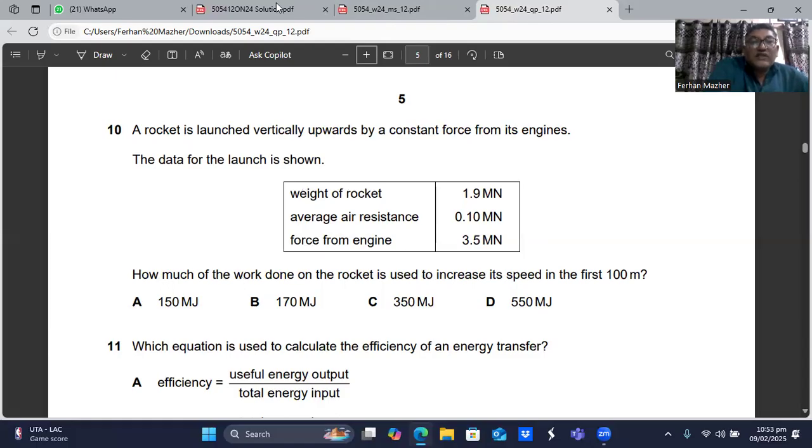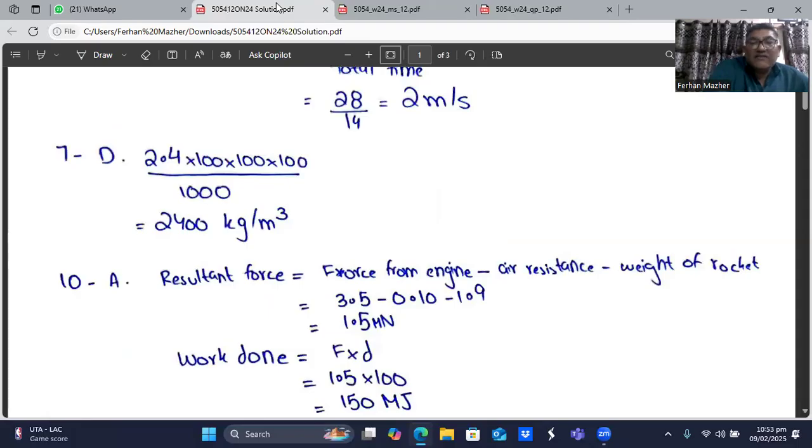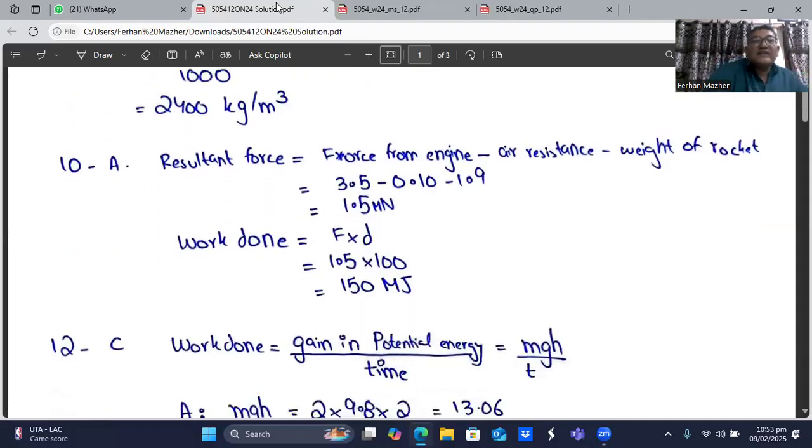Okay. So let me show you question number 10. We have done this. Okay. So the resultant force will be the force from the engine minus the air resistance minus the weight of the rocket. So 3.5 minus 0.1 minus 1.9. So 1.5 million Newton.